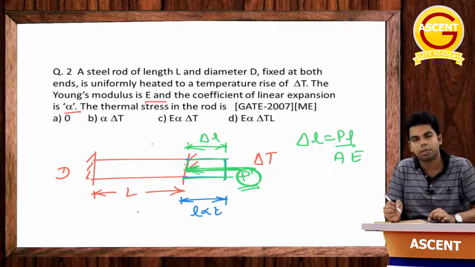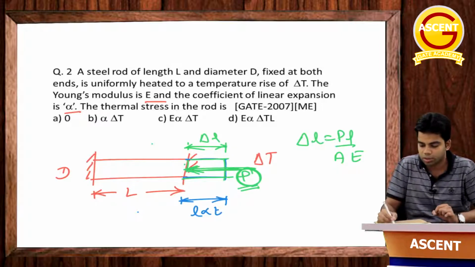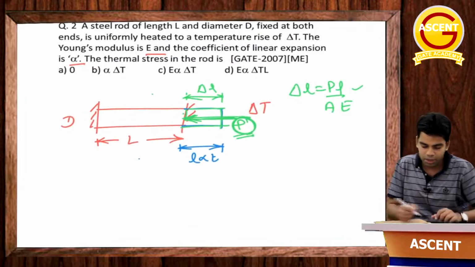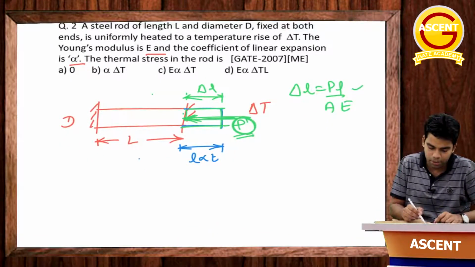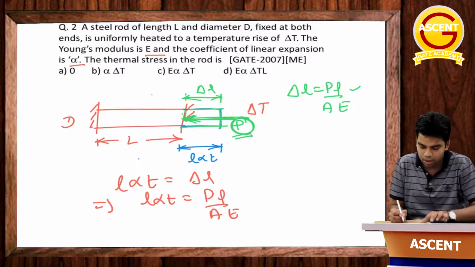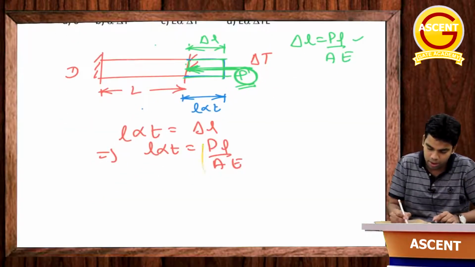L alpha delta T को कम करके रखना, delta L को कम करके रखना. So this delta L is nothing but PL by AE. From this geometry we can conclude that L alpha delta T is equal to delta L, or L alpha delta T is equal to PL by AE. Now this P by A is nothing but stress.